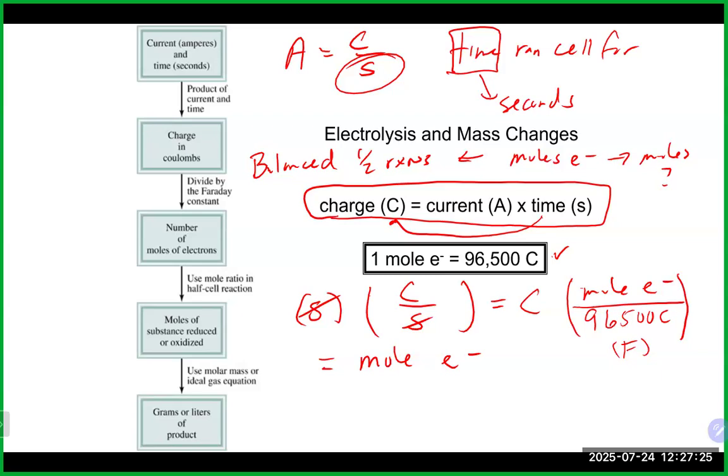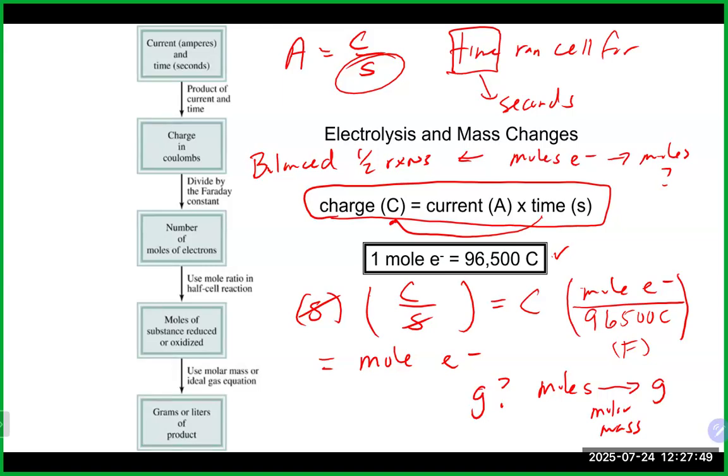At that point, you'll have moles of whatever you're interested in. Then you usually have two options. Sometimes they want to know how many grams you would produce. In that situation, you could go from moles to grams. Hopefully you remember that's the molar mass from the periodic table.